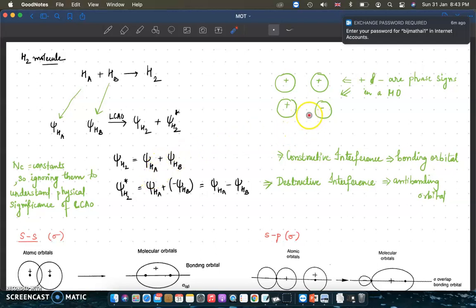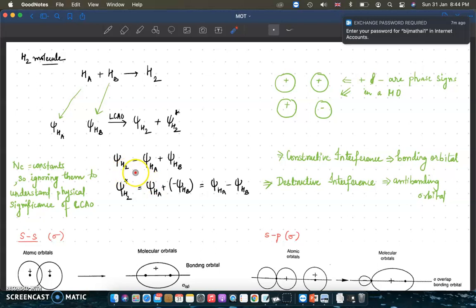In another case, one of the 1s orbitals can have a phase sign opposite to the combining atom. In such a case we say that they are out of phase. When the phase signs are different and we linearly combine, one of the atoms is going to have a negative wave function because the phase sign is negative. So it would be like a subtraction of the two wave functions of the atoms.